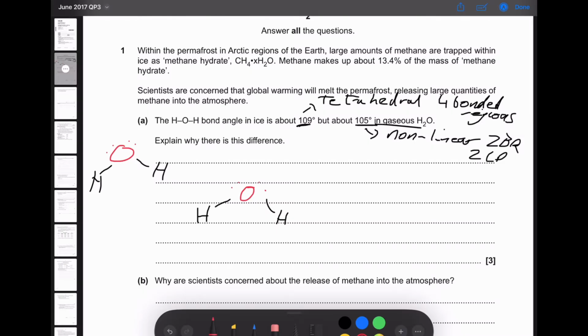We're going to create hydrogen bonds, which I'm going to do in blue, between the lone pairs and the hydrogen atoms on the water. And what's that going to do? Well, it's going to hold it in place, and it's going to act like more bonds. It's going to act like a bond on each lone pair, so there's 2 more bonds. Whereas in gas, you've got O, 2 lone pairs there, hydrogen there, and hydrogen there.